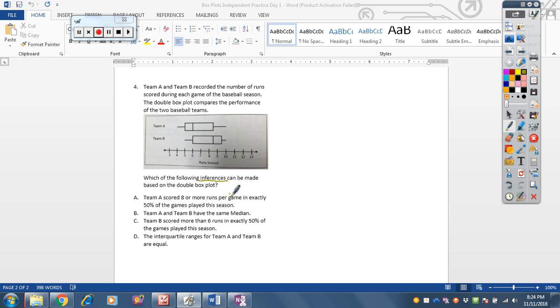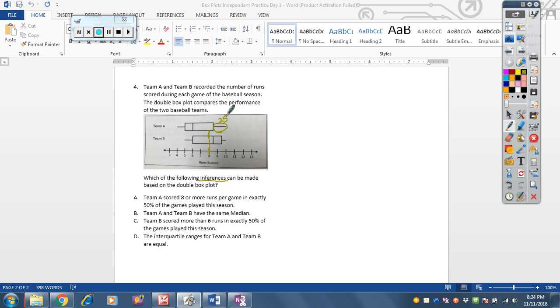Team A scored 8 more runs per game in exactly 50% of the games played this season. Now we said in between each dot was 25%. So 50% would be 2 sections. It's really hard to tell 8 or more runs per game in exactly 50% of the games. So 8 or more runs right here, that's one section.